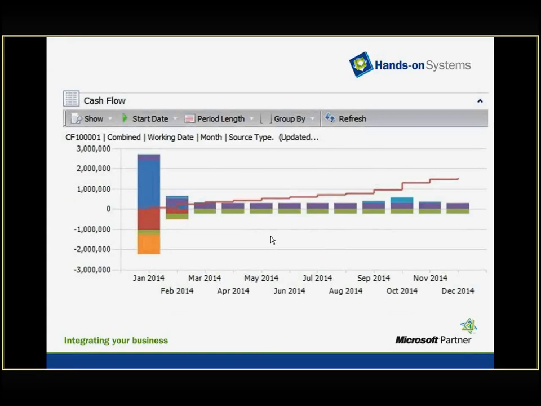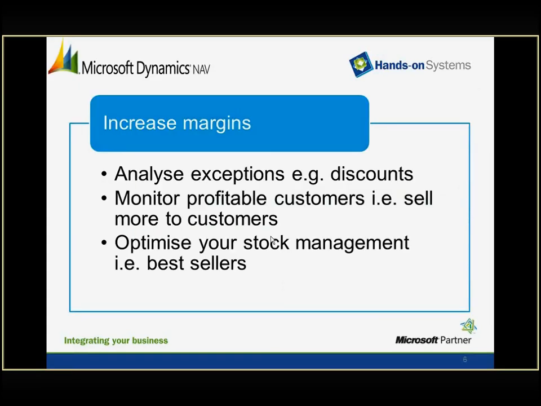So we'll keep going. Our second theme is around increasing margins, and we believe Dynamics NAV is key here in increasing the margins around your business by giving you the opportunity to do things such as analysing exceptions, so we can deliver exception reporting to you, again, directly as you open the application.